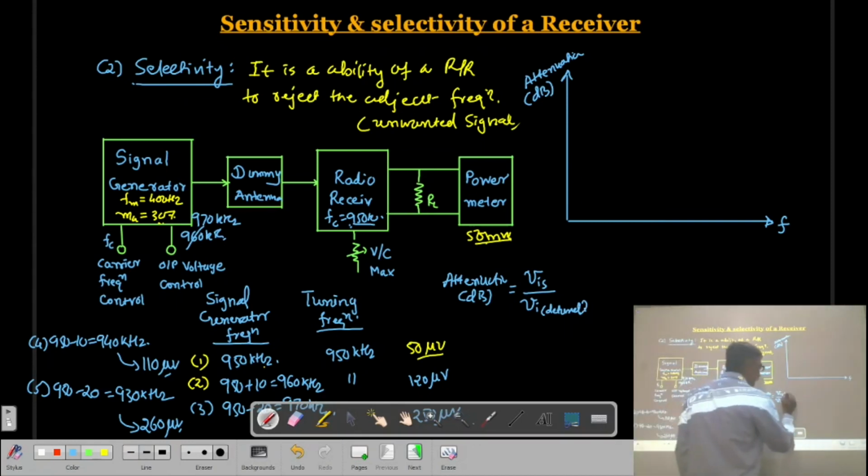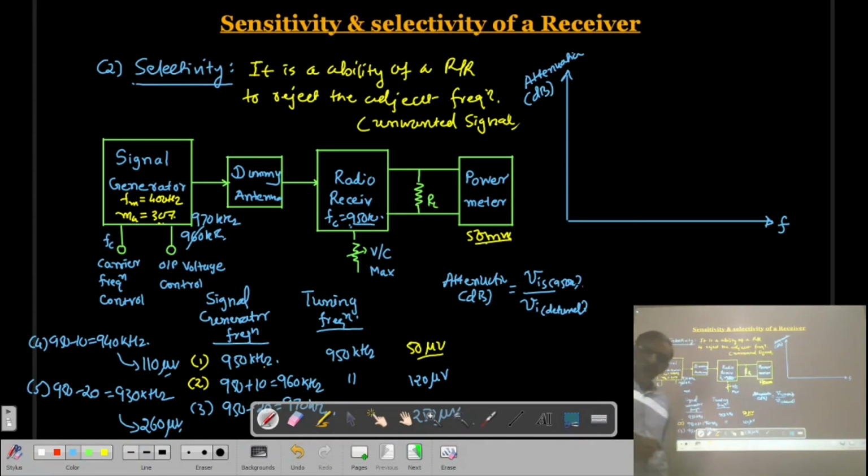This is at 950, correct? That is my standard one. So by taking this ratio and then taking 20 log of VIS by VI, that is the detuned signal, you can measure this attenuation.